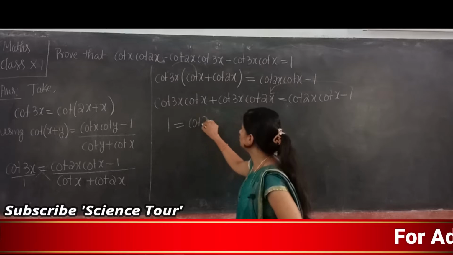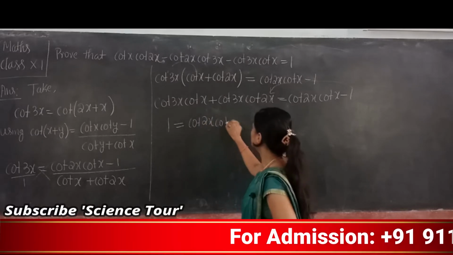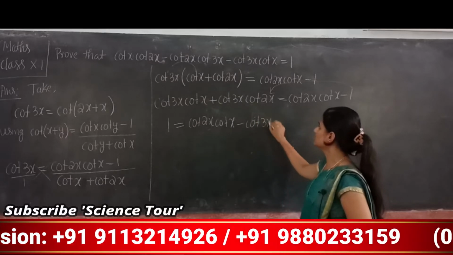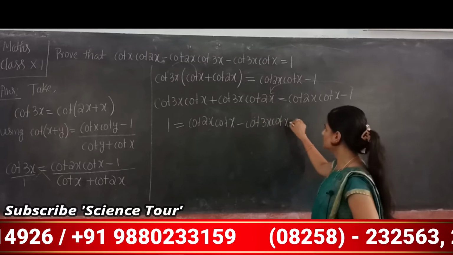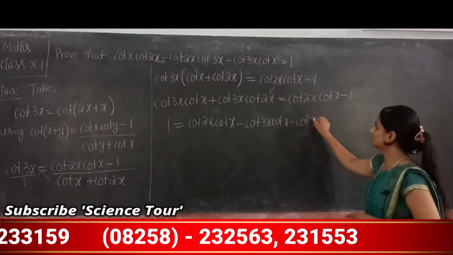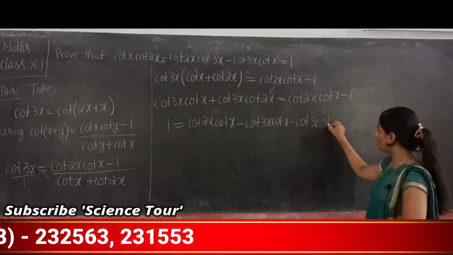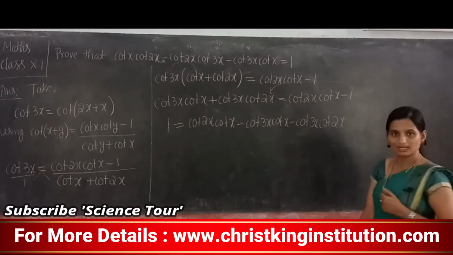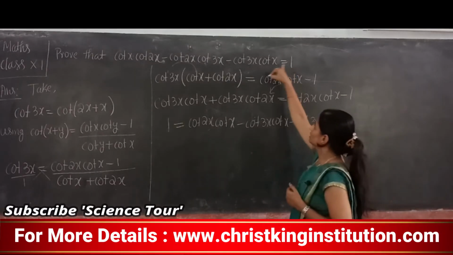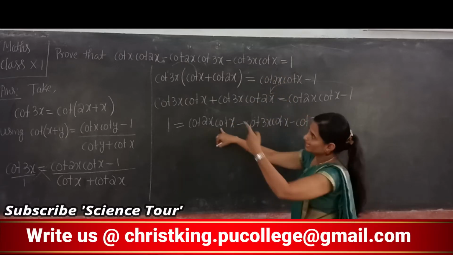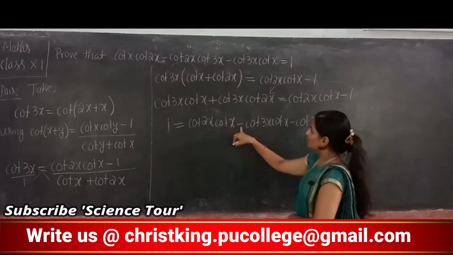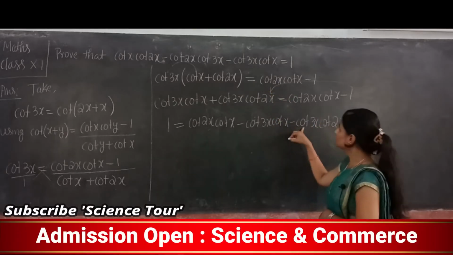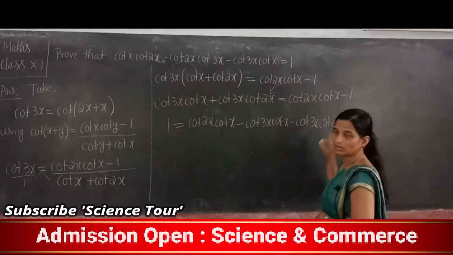So this side is cot 2x into cot x minus cot 3x into cot x minus cot 3x into cot 2x. Right? Is this equal to the given answer? Yes, because here 1 is equal to cot x cot 2x minus cot 3x cot x minus cot 3x cot 2x.